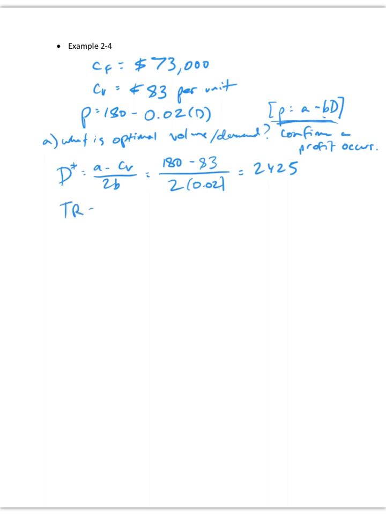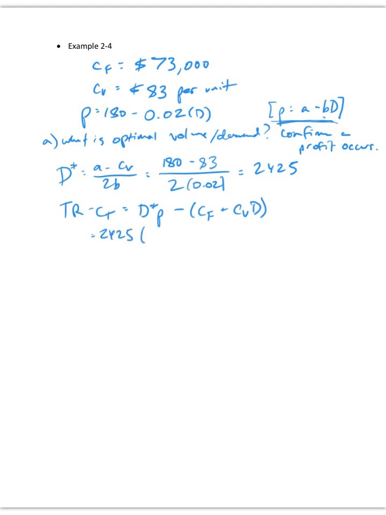Total revenue minus total cost. We want this to be positive. So our total revenue is P times D, but we're at D star, so D star times P. Subtract off our total costs, our fixed cost plus CVD. And so D star was 2425.